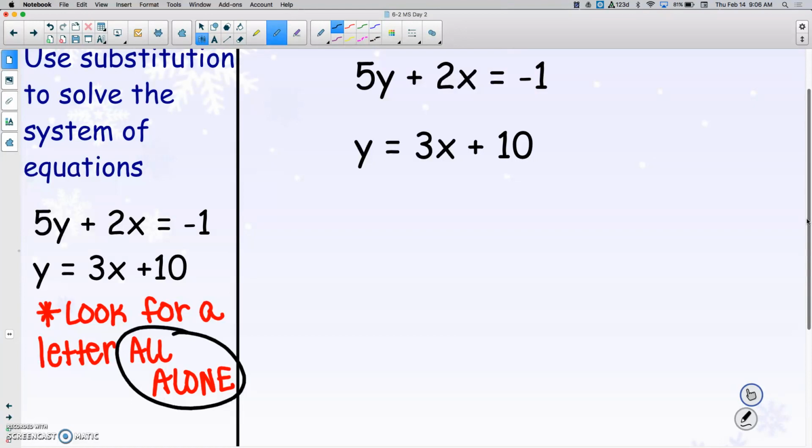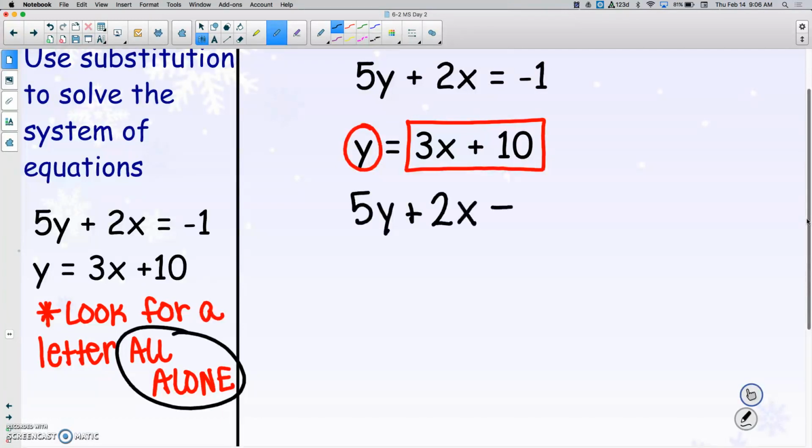So in this system of equations, the only variable all alone is Y in the second equation. Now it has the same value as 3x plus 10. So we are going to replace the letter y with 3x plus 10 that we do in the other equation.